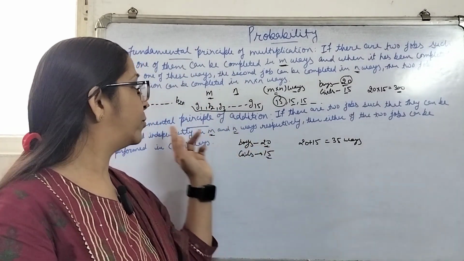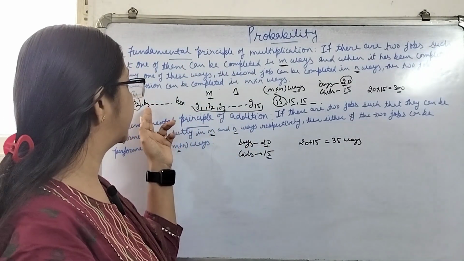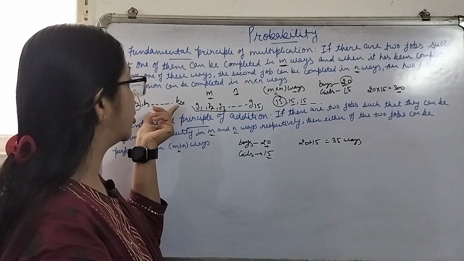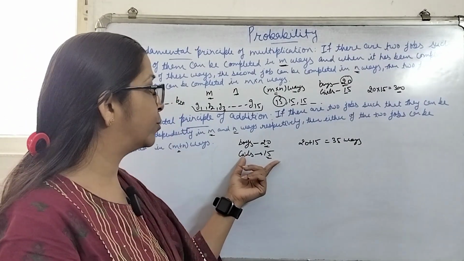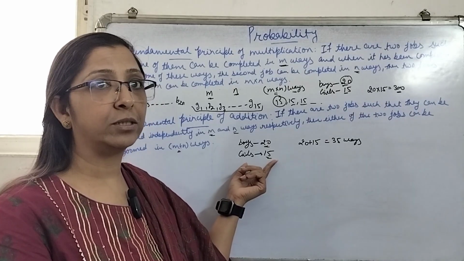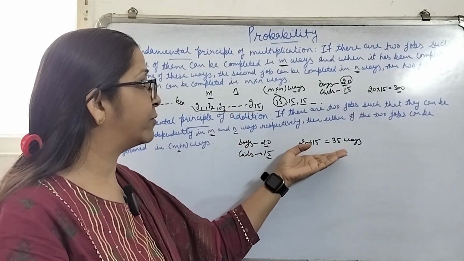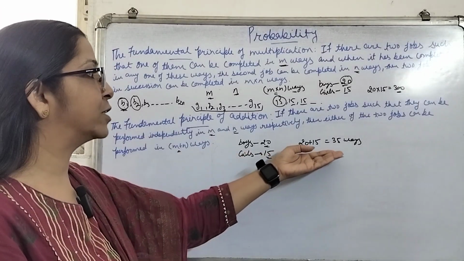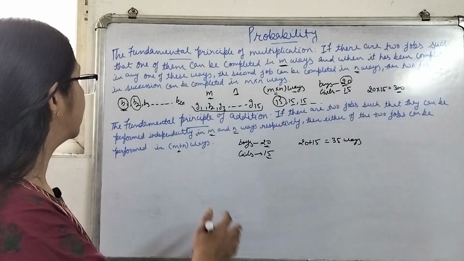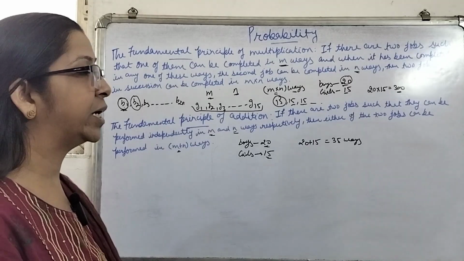She could have selected B1, B2, or B3. So 20 options or ways are there of selecting any of the boys, or there could be 15 ways of selecting any of the girls. So the total number of ways by which she can select any student independently is 35. So this is your fundamental principle of addition.